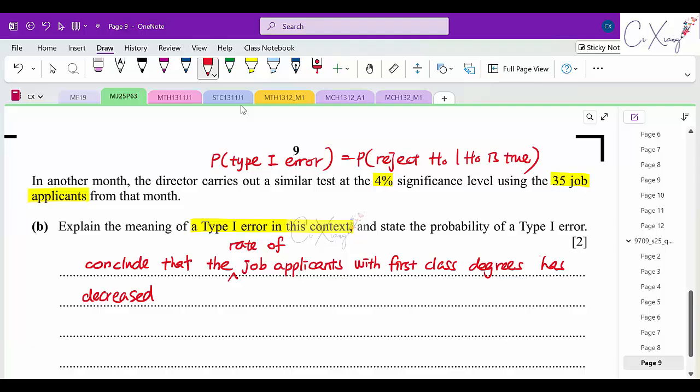Okay, we reject the null hypothesis. So reject null hypothesis means that we conclude that the rate is decreased. Okay, but null hypothesis is true, although it is not.